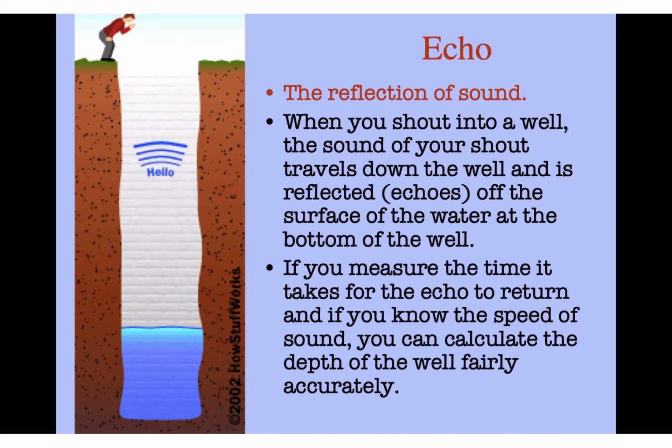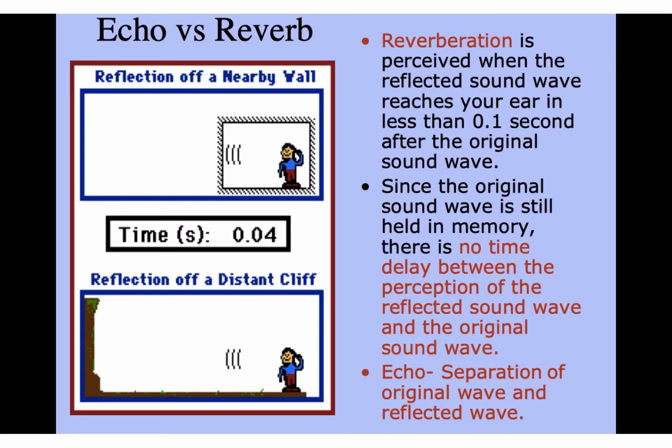So that's an echo. Now, something very closely related to the echo is called reverberation. Reverberation is the reason why you sound really good when you sing in the shower. Now, if you look at the bottom picture, with the echo, the sound has a long time to get to that wall and back, right? And your brain has enough time to tell that it's a different sound, or that the waves are coming back. Now, say you're in the shower like this guy up here. I don't know if he's in the shower, but he's in a small room.